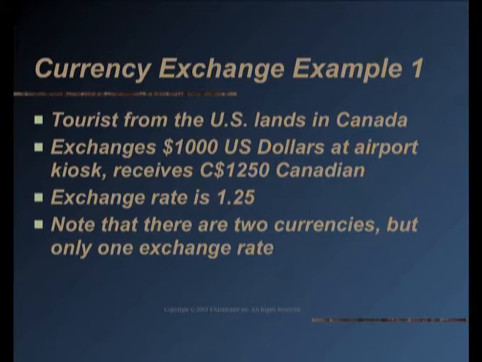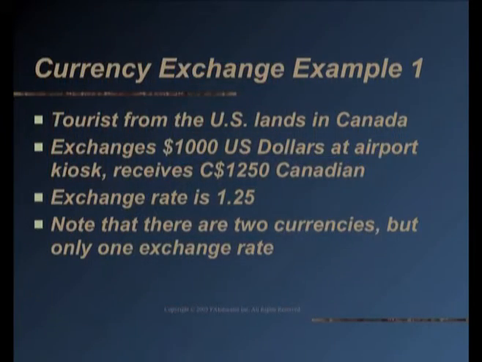Two currencies, one exchange rate. The exchange rate is 1.25, because for every one US dollar, the tourist received back 1.25 Canadian dollars. Note again, there are two currencies involved, just one exchange rate.